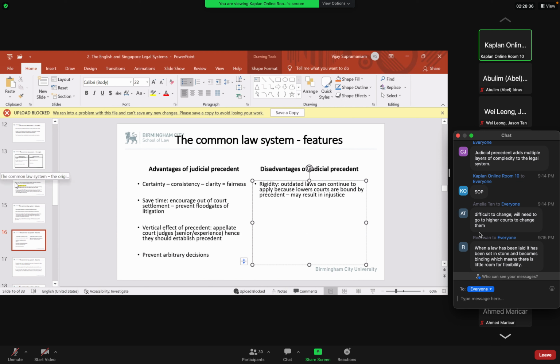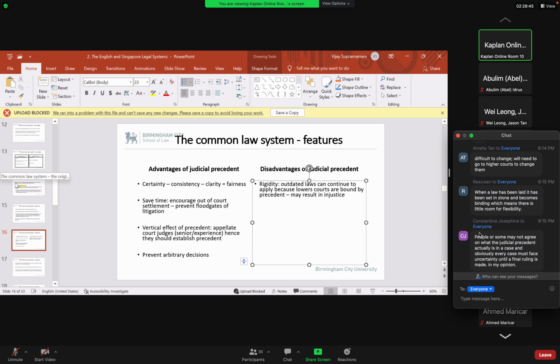When a law has been laid, it has been set in stone and becomes binding, which means there is little room for flexibility. How is this a disadvantage to precedent? People may not agree on what the precedent actually is in a case, so there is uncertainty until a final ruling is made.